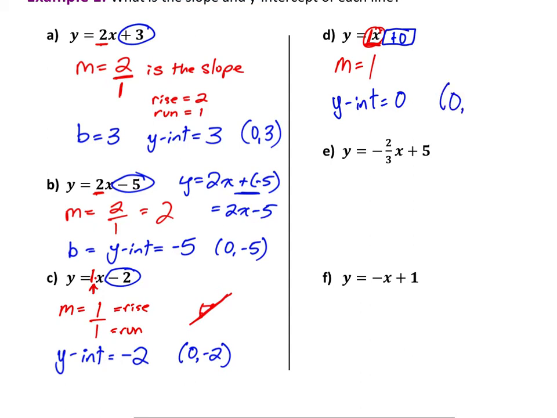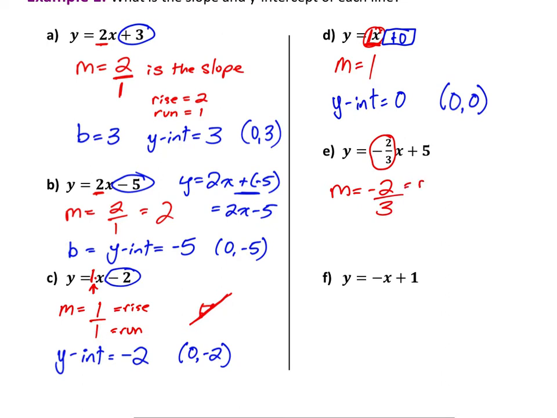And that means that when x equals 0, y equals 0. So the graph's y-intercept would be at (0, 0). So if there's no number written there, there is still a y-intercept. For example E, we have negative 2/3 being multiplied in front of the x. So our slope is negative 2/3. So that means it's decreasing as you go left to right, right?